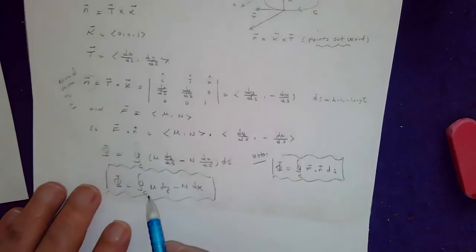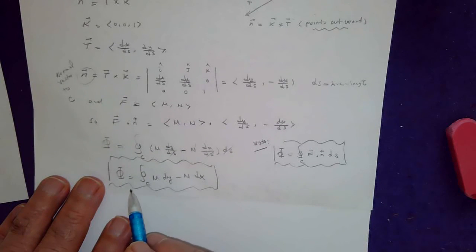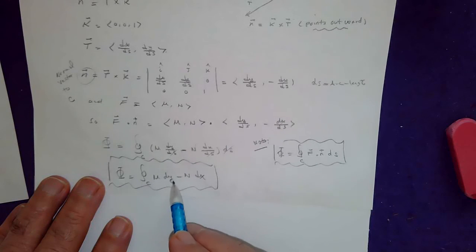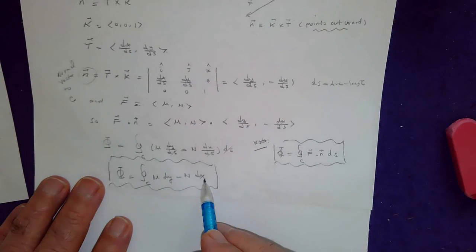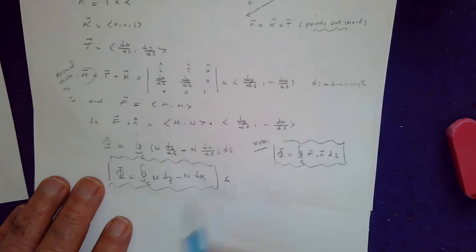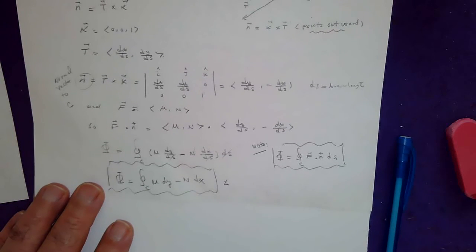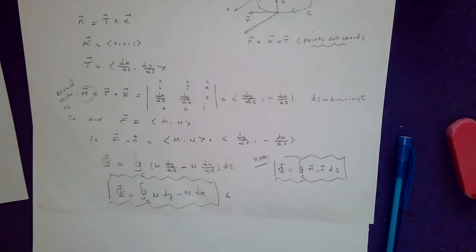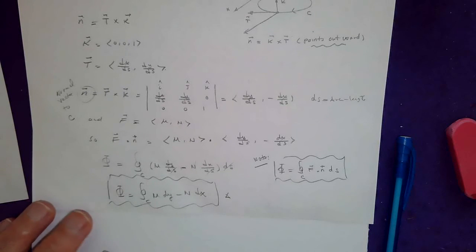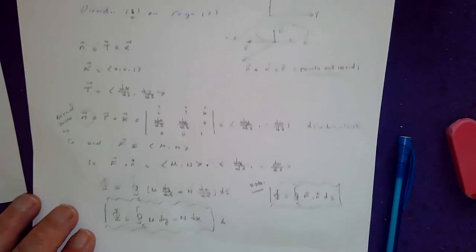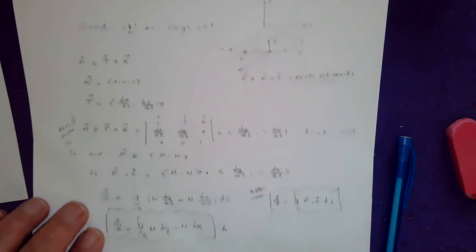And lo and behold, I have the formula for flux, which is the line integral equals M dy minus N dx. So this is the formula we use to find the flux over a closed curve, which is the amount of matter which crosses curve C per unit time.